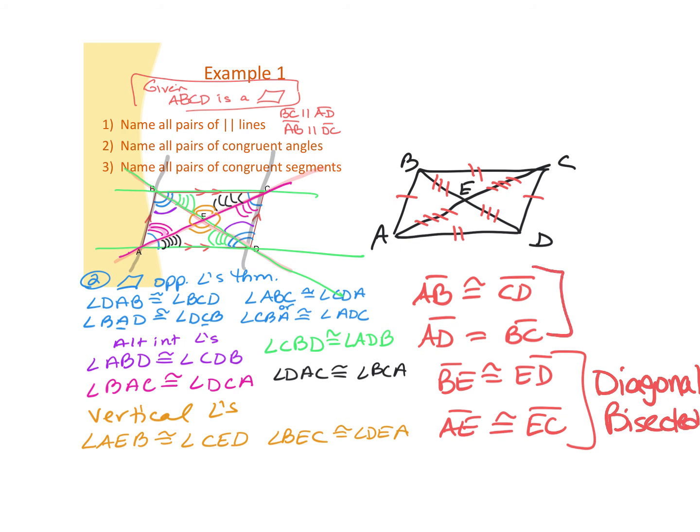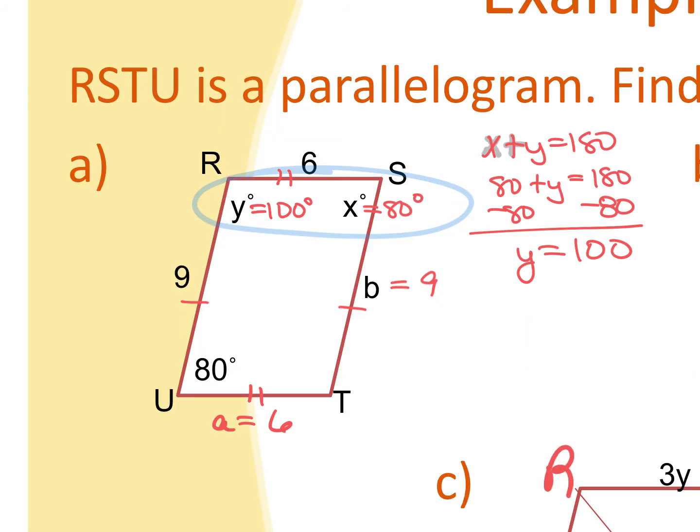And then these are the opposite sides. So this is the parallelogram opposite side theorem. So lots of congruent pieces in this figure when you're told that this quadrilateral is a parallelogram. Pretty good.